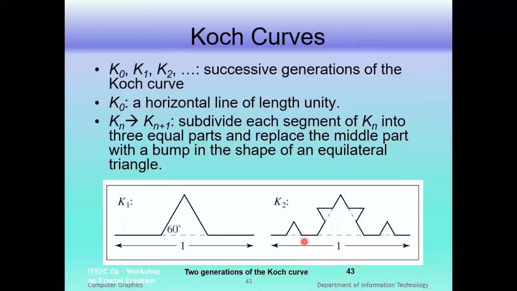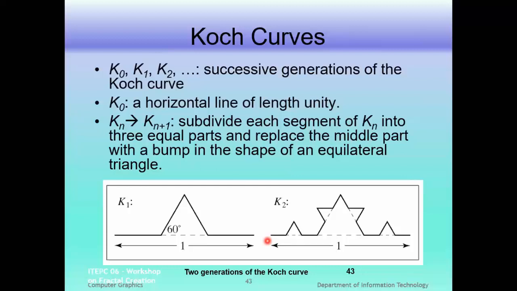Now we can easily say that the length of the Koch curve is infinite, because again each line can be converted into the second approximation, into the first approximation. It doesn't deviate much from its original shape.